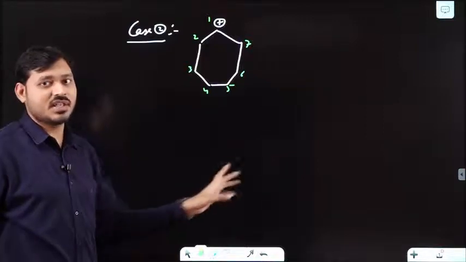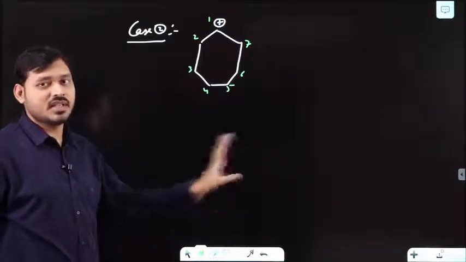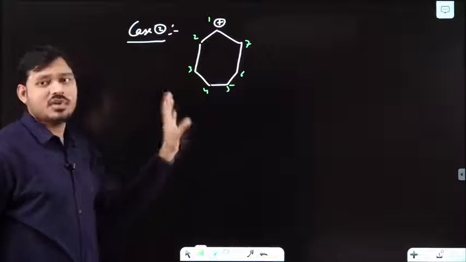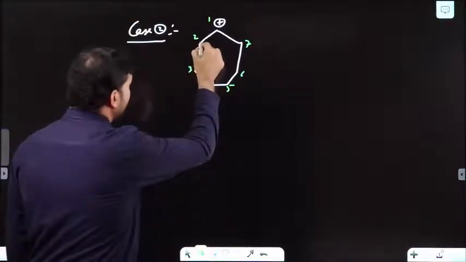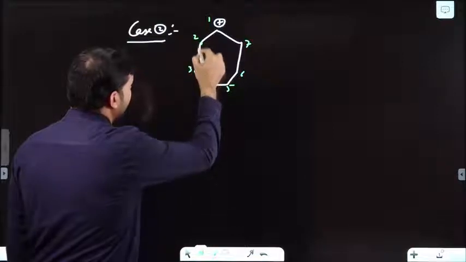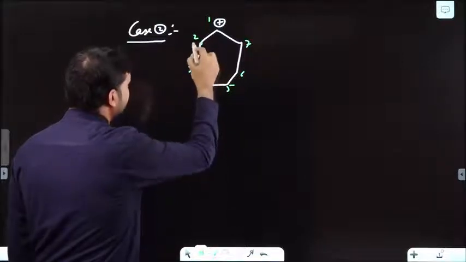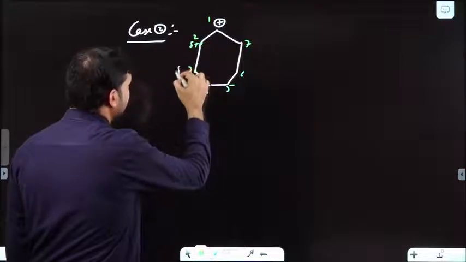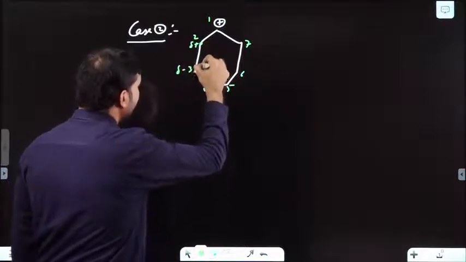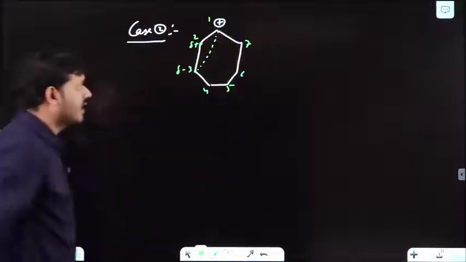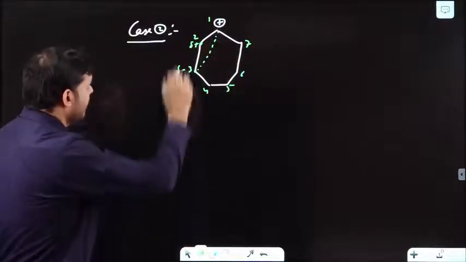How? Dancing resonance and all such cases. So that is stable. In a 7-membered ring also it has been observed. How? Suppose this bond 2, 3 is broken such that it is delta positive, it is delta negative, and this part combines with carbon 1, what will happen?